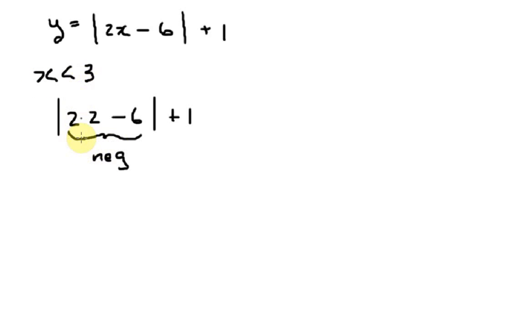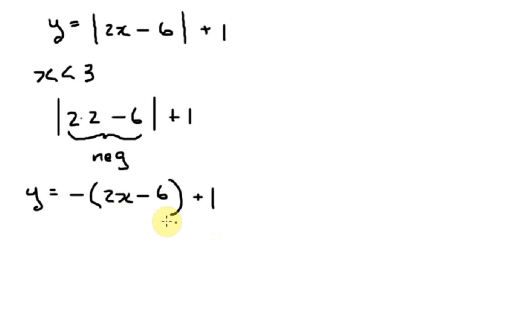So how do we simulate this and not have absolute value symbols there? Well, we know we're going to get negative numbers, but we want to turn them positive. So what I'm going to do is take these negative numbers, 2x minus 6, and put a negative sign in front of them. That turns them positive, which does exactly what the absolute value symbols are doing.